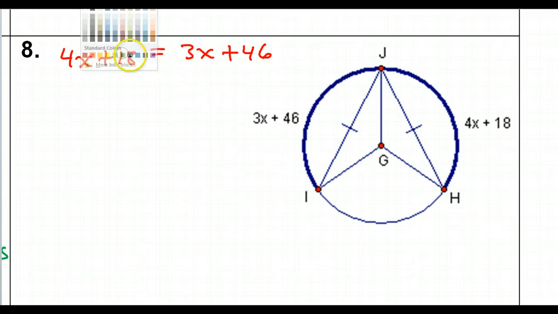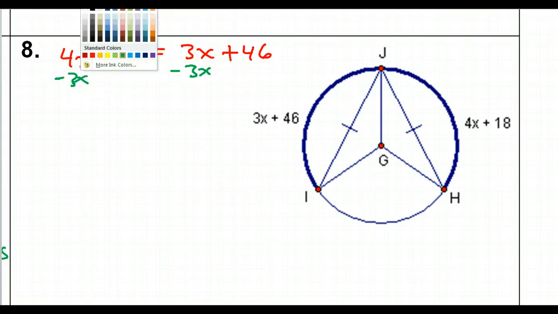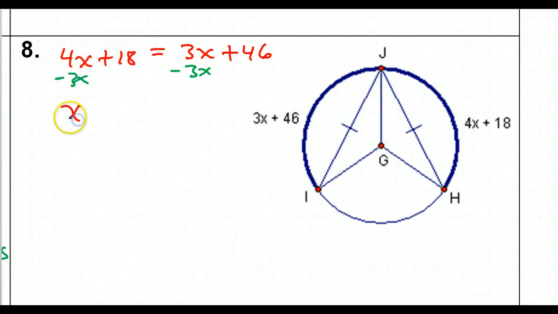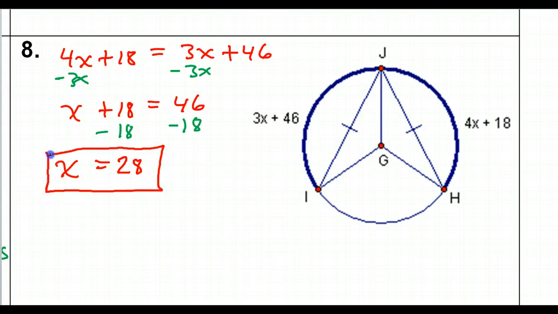So we'll just subtract 3x from both sides. So that's going to give me x plus 18 is equal to 46. Let's go ahead and subtract 18 from both sides. So that's going to give me x equals 28.